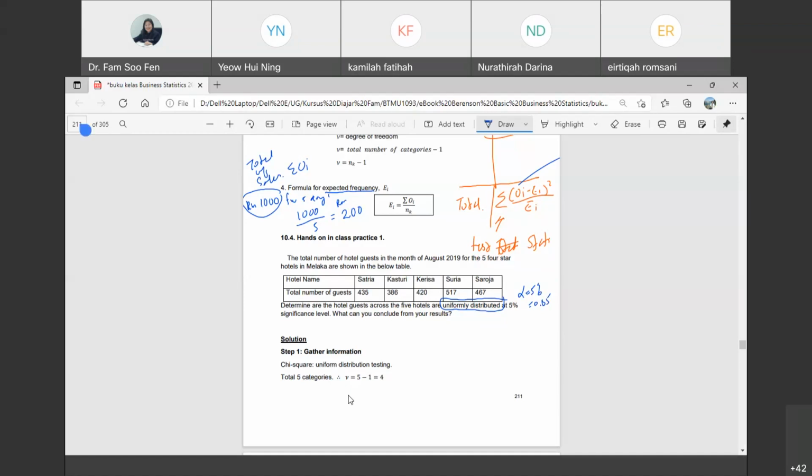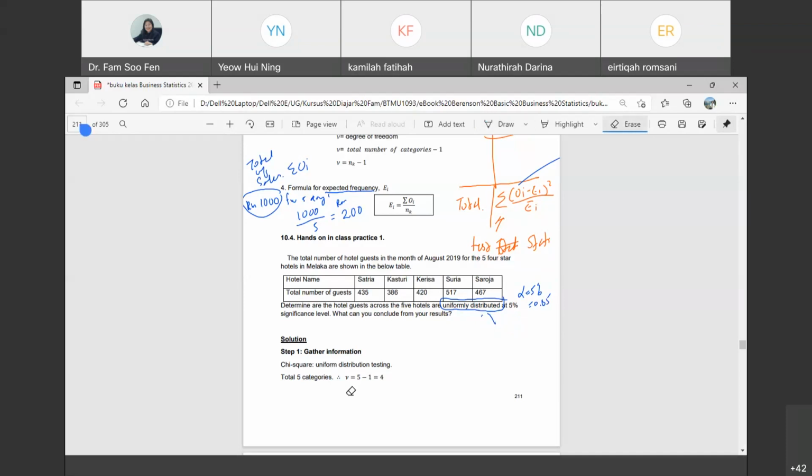What can you conclude from your result? They say it is uniformly distributed. In this case, we know that this question itself is a chi-square question, so you are able to identify the question already.